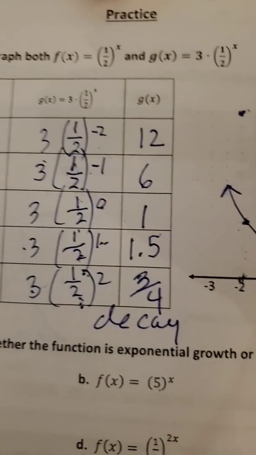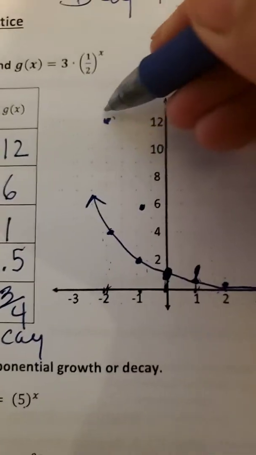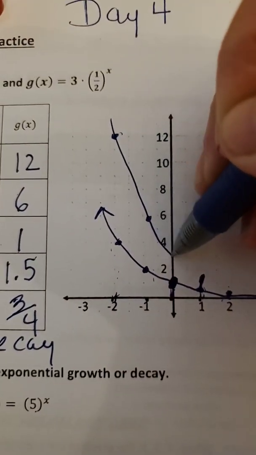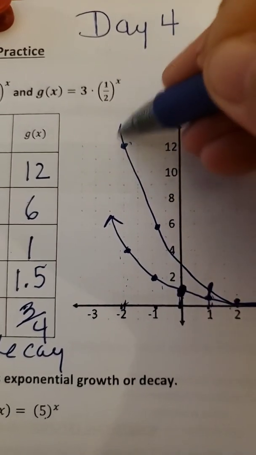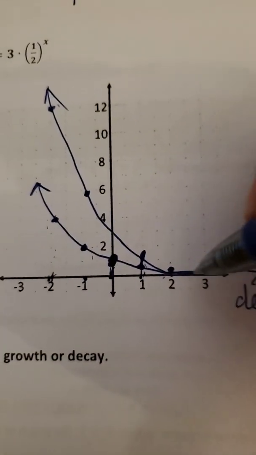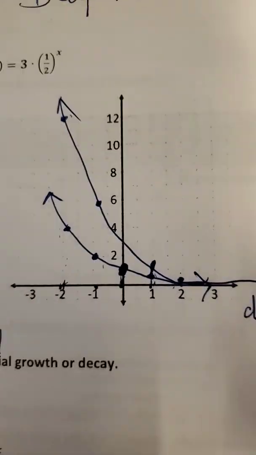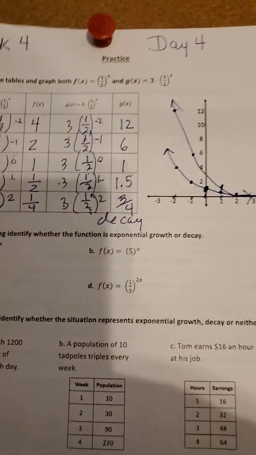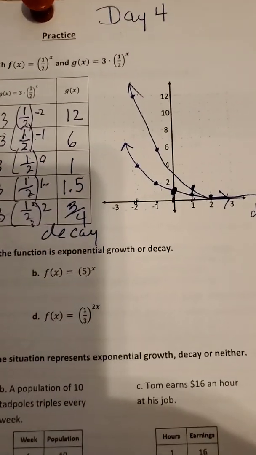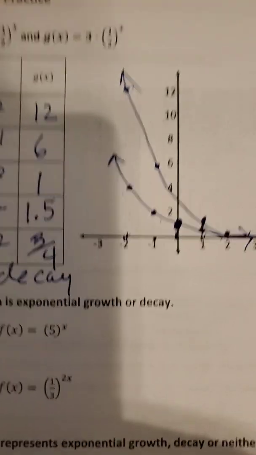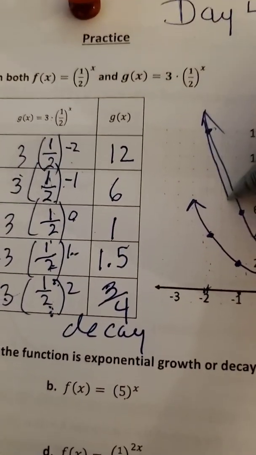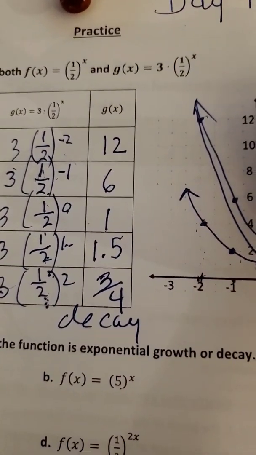So this one is a little bit different. It's going to go down through there. It's sort of going to look like that. Hopefully I did that right. It looks like I might have missed this right here. It should have been a little bit more like that.